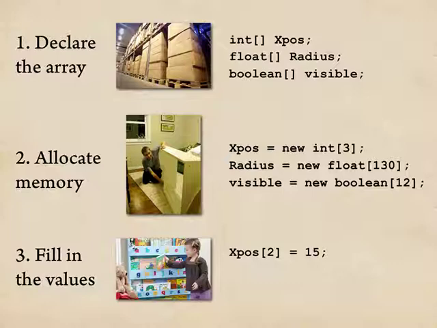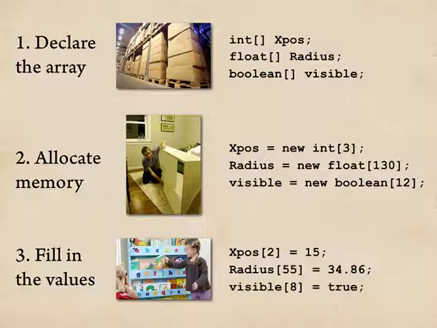So let's say that entry number 55 should have the value 34.86. So okay, we just say radius open square bracket 55 close square bracket equals 34.86. How about visible? Well, visible is a boolean. We can see we've just made 12 of them. So I can say that entry 8 in the array visible should have the value true. We could have also set it to false.